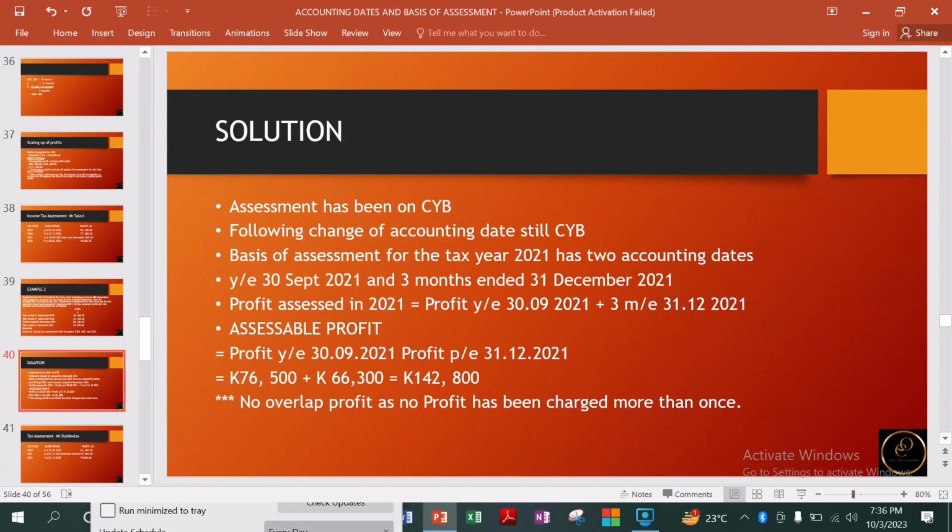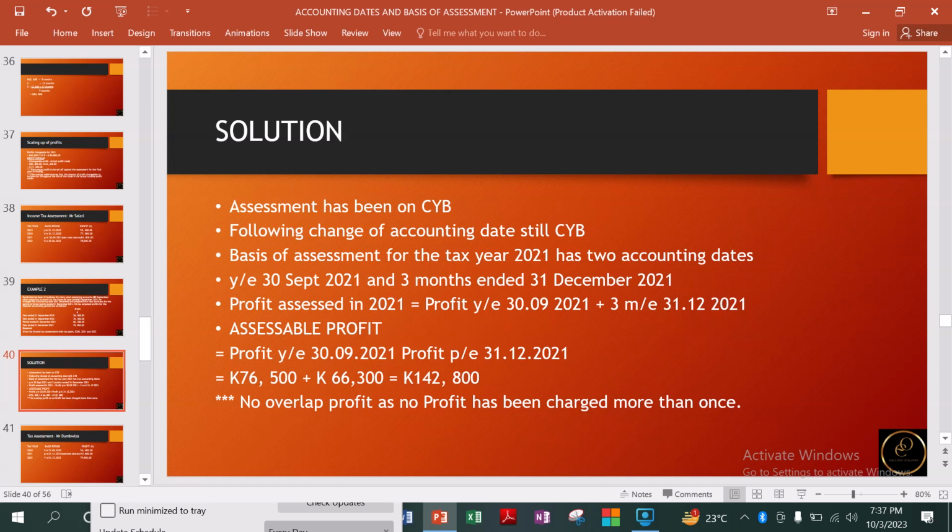The basis of assessment for 2021 has two accounting periods: year ended 30 September 2021 and 3 months ended 31st December 2021. That makes the 15 months I was talking about. Then the profit assessed in 2021 should be equal to profit for the year ended 30 September 2021 plus 3 months ended 31st December 2021.